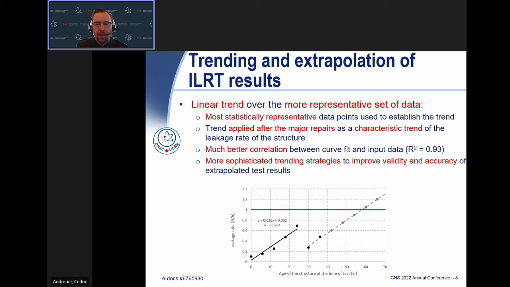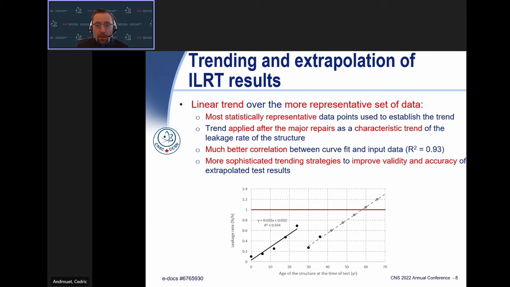This time, the trend of ILRT results versus time is characterized based on the more statistically representative data points, and the trend is applied afterwards to the few results obtained after the major repairs as a characteristic trend of the leakage rate of the structure. When we inspect the proposed curve fit, one may see that the correlation between the input data and the proposed equation is much better, with a reasonably high R-square of 0.93. So this is a much better curve fit.